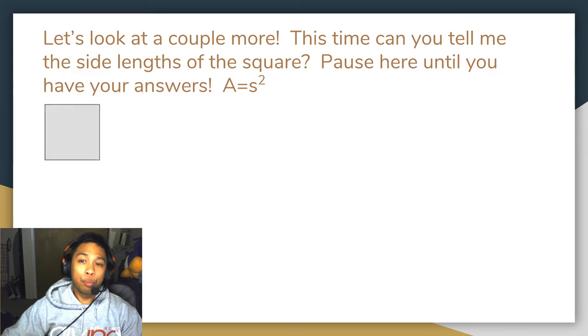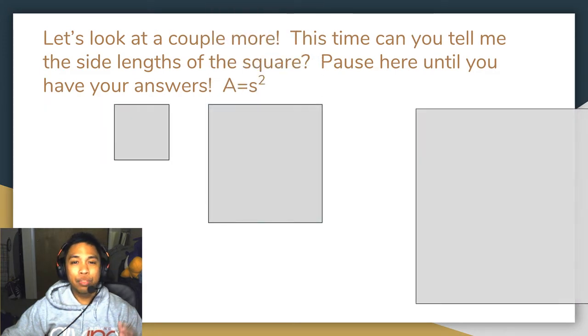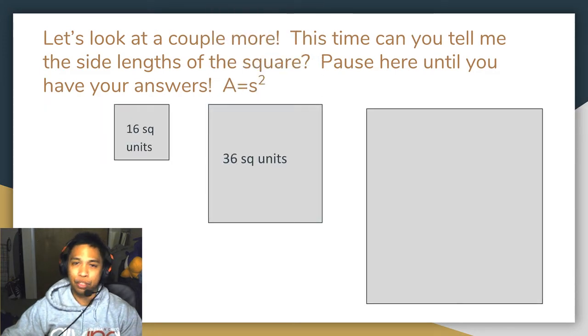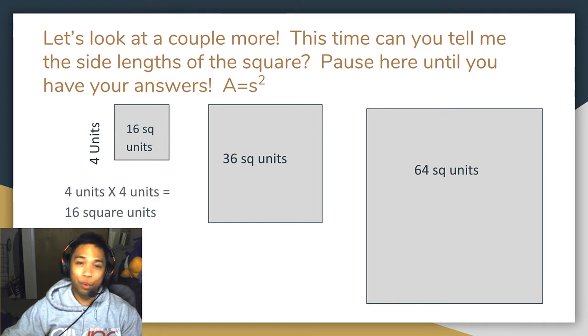Let's look at a couple more. This time, can you tell me the side lengths of the square? Again, pause here until you have your answers. If you answered 4 units for the first square, you're absolutely correct because 4 units times 4 units equals 16 square units.